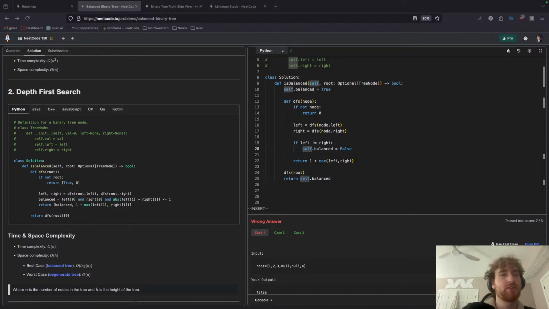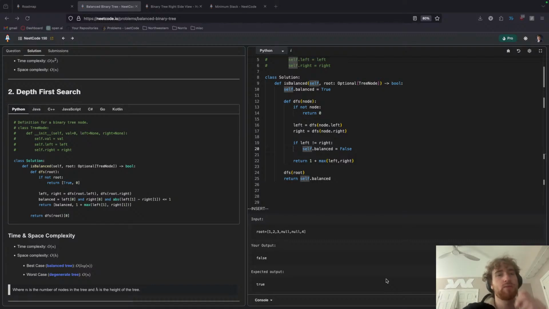Okay, so I'm really close, actually. The only thing I don't understand is why he's returning this tuple thing.